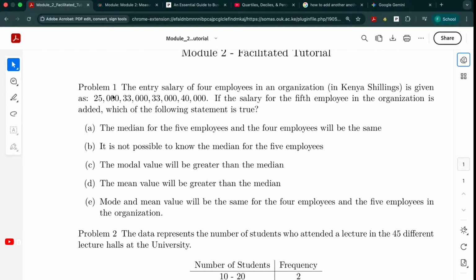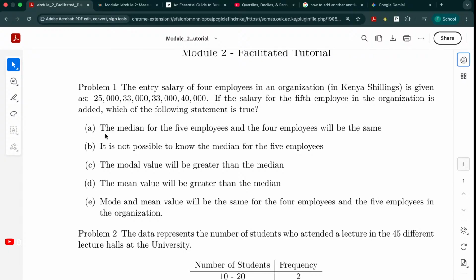The problem says: the entry salary of four employees in an organization in Kenyan shillings is given as 25k, 33k, 33k, and 40k. If the salary of a fifth employee in the organization is added, which of the following statements is true?